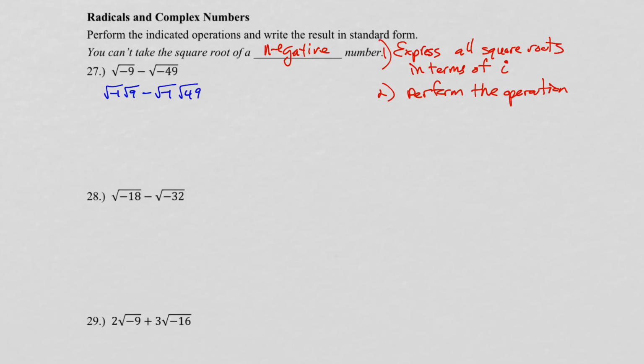This is kind of the long way to do this. And then this becomes i. This becomes 3, this becomes i, this becomes 7. But I want you to get to the point where you can just write down 3i minus 7i. Basically, I want you to get to the point where you just go from there to there.